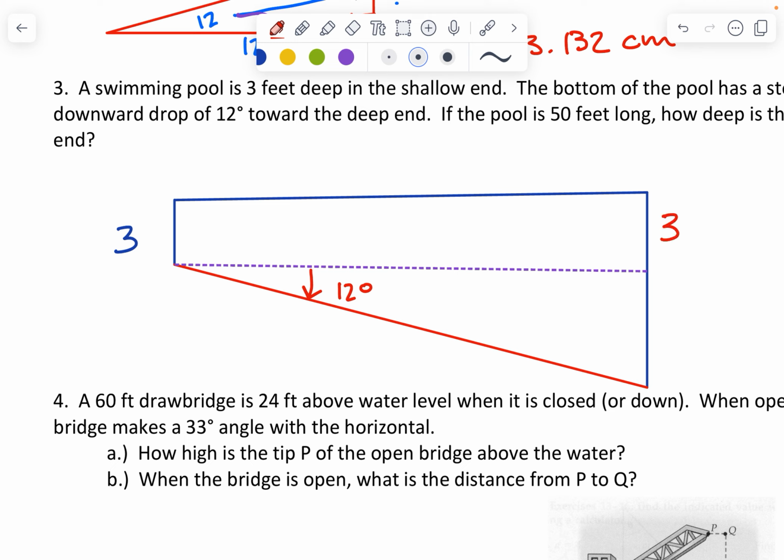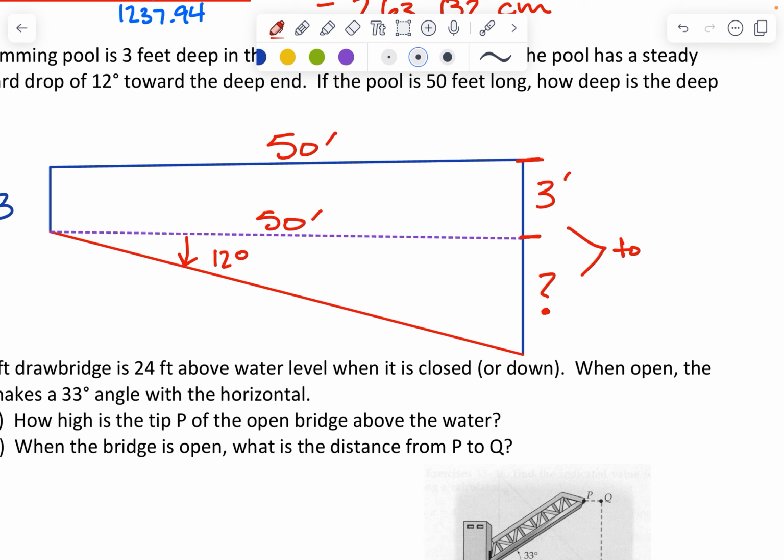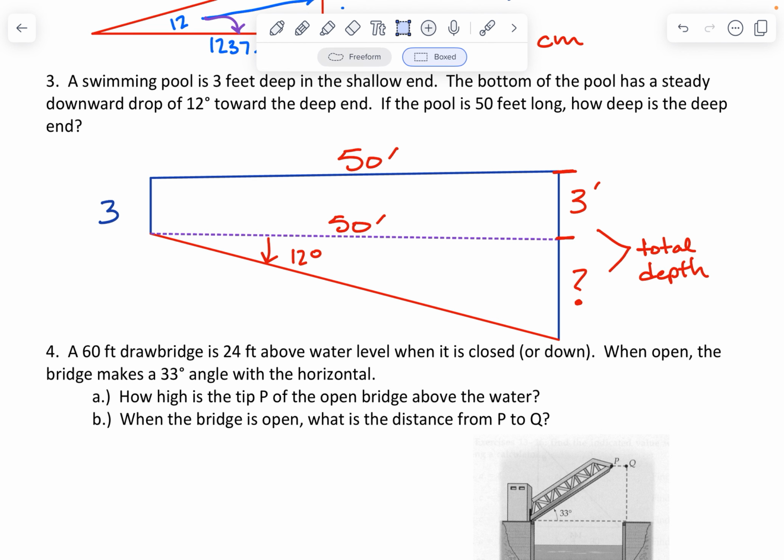And we know that this part from there to there is 3 feet. We know that this part is 50 feet, which means my little purple on here is also 50 feet. I need to find what this side is so that I can find the total depth of the pool.